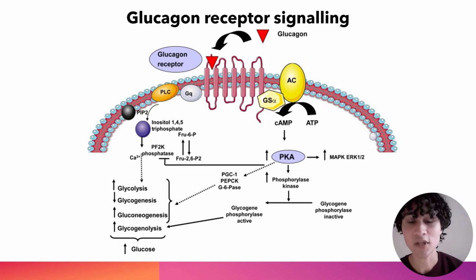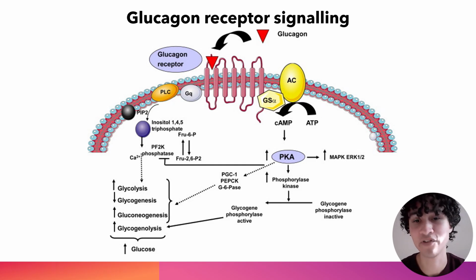Now, the aim of glucagon receptor signaling is to increase hepatic glucose output, because of glycogenolysis, especially if we're looking at the liver. The liver expresses gluconeogenic enzymes like glucose 6-phosphatase, and that's really important in increasing hepatic glucose output.